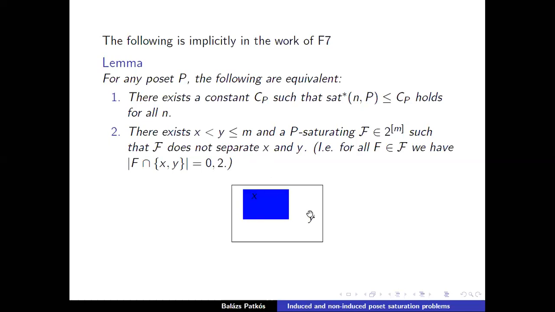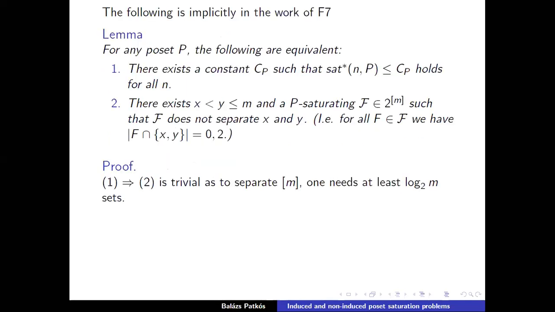Well, this blue rectangle separates x and y because it contains x and doesn't contain y. So separation means that a set separates two elements if it contains one of them but not the other. Not separating means that every set in the family either contains both of them or none of them.